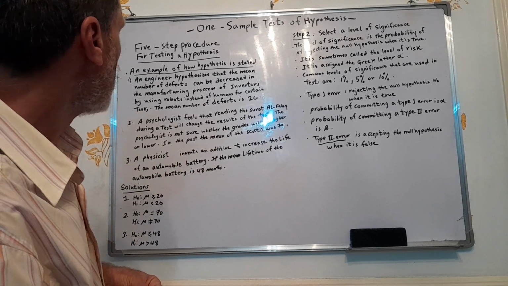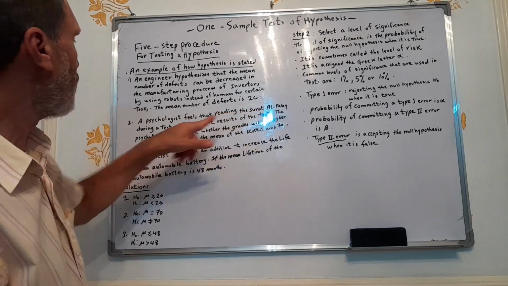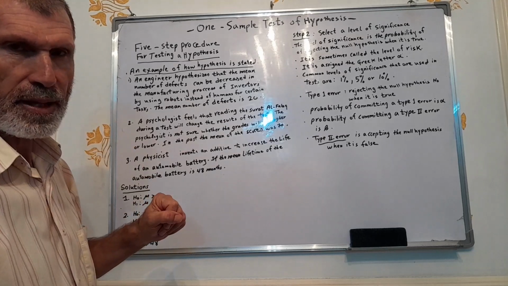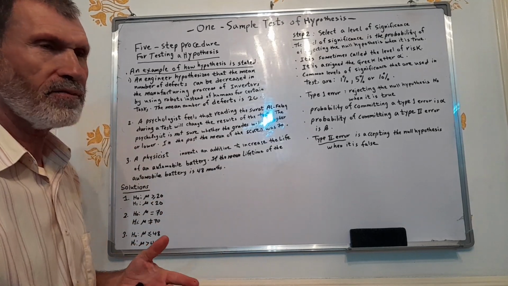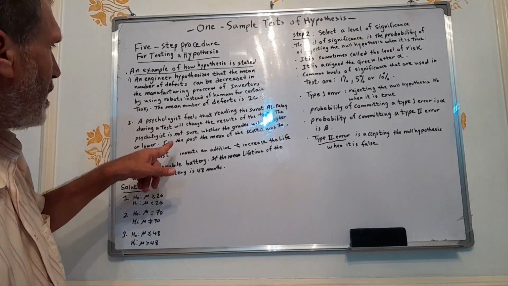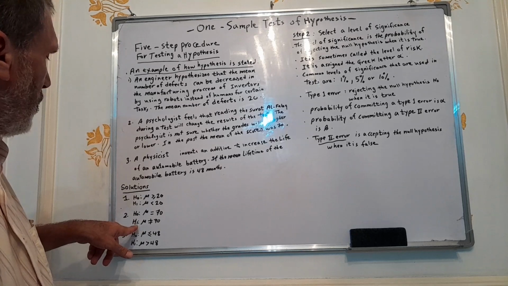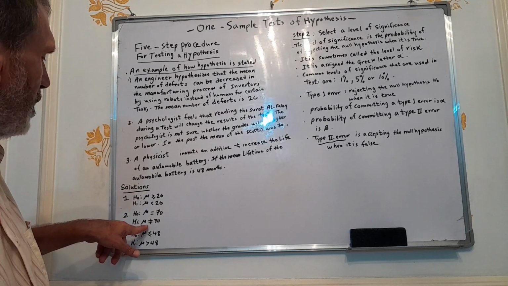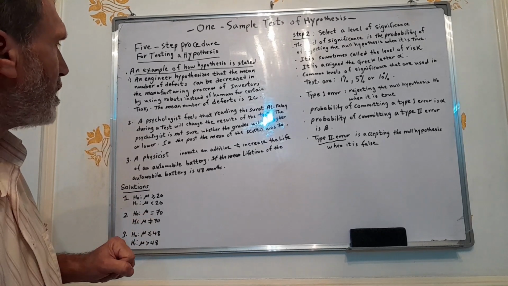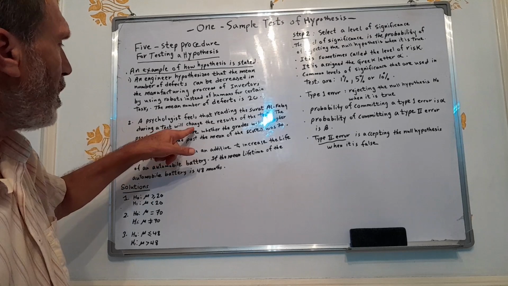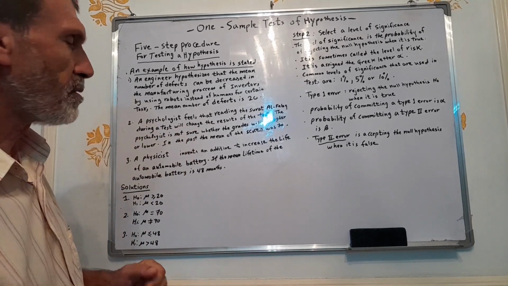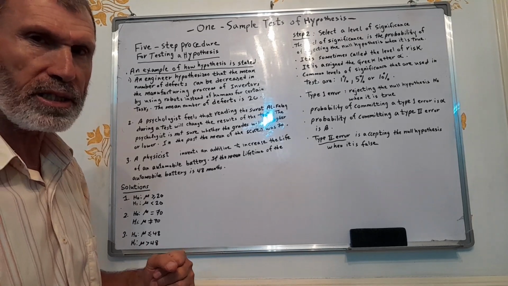So here, the psychologist feels that reading the Surah Al-Falaq during a test will change the results of the test. So now here we have, of course, a two-tailed test. Of course, here we know that the alternate hypothesis is that mu is not equal to 70, and the null hypothesis is that mu equals 70. Change, of course, is different. That means we're going to use the equality sign.